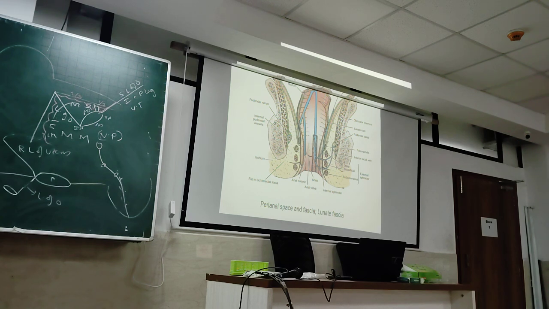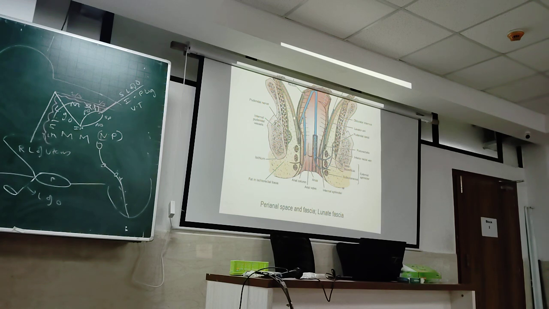That space where the pudendal nerve and internal pudendal vessels lie is called the pudendal canal, described by another scientist called Alcock. Alcock's canal, the pudendal canal, contains the pudendal nerve and internal pudendal vessels. That's the lateral boundary.